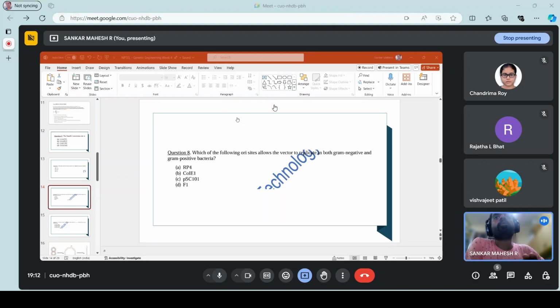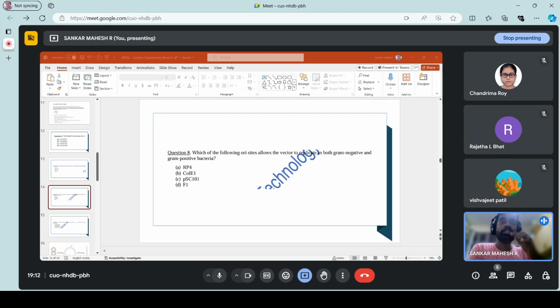So if one wants to look at this, they can look at the RP4 conjugative transfer apparatus, and that would help us understand how this origin is non-specific and can go through both gram positive and gram negative.